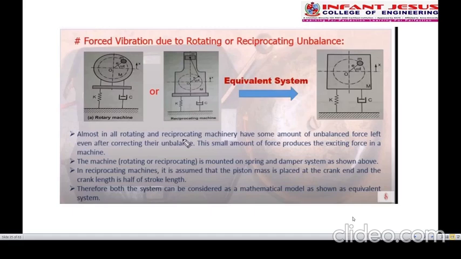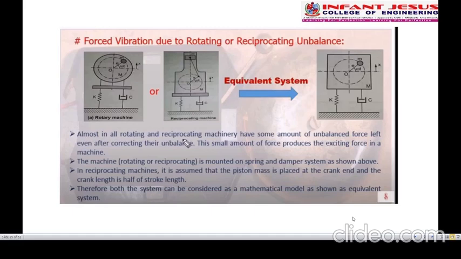Even though we have balanced all the machines by our method of balancing, some little amount of unbalanced force is left in them. This small unbalanced force produces an exciting force in the machine, that is a vibration.